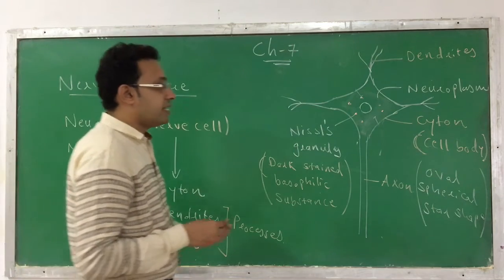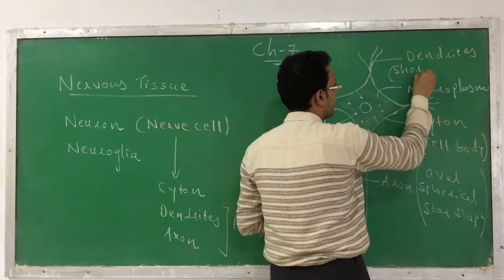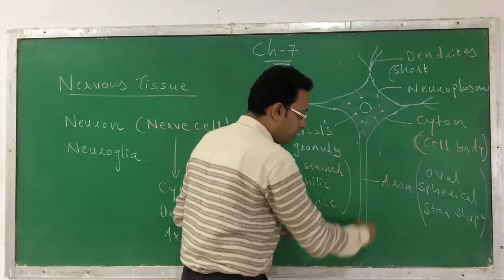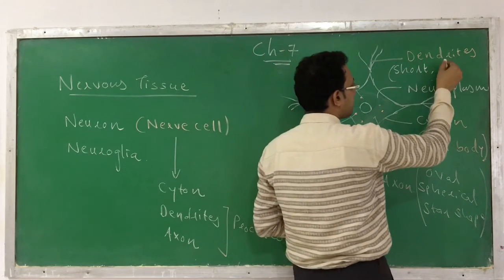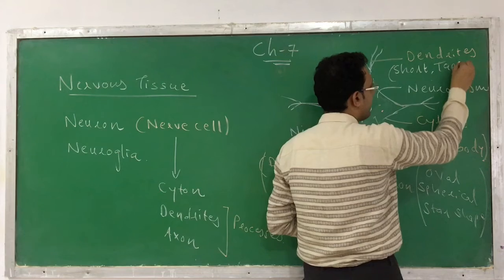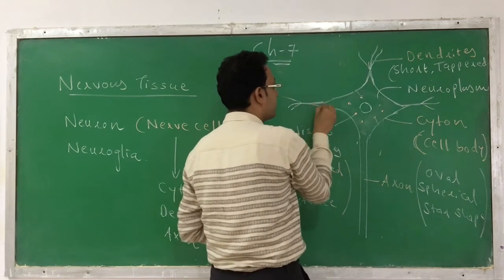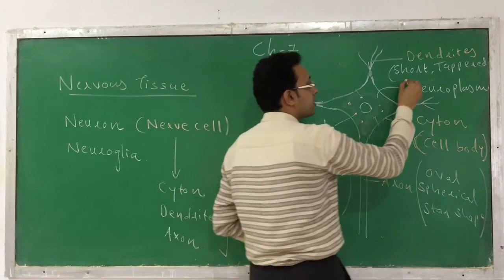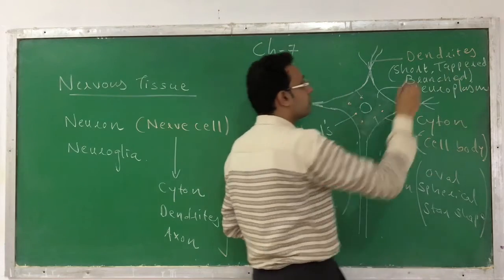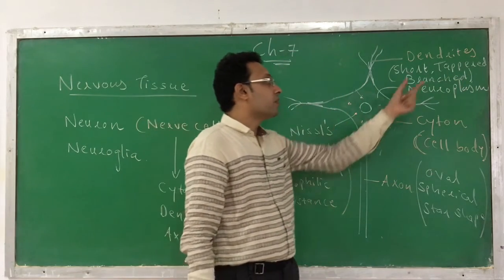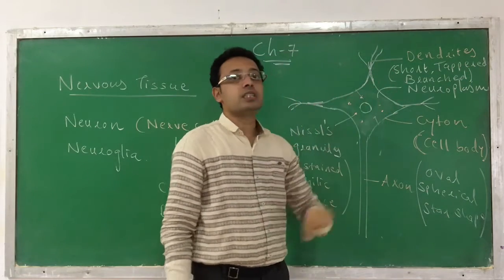Now what are the characteristics of the dendrites and the axons? The dendrites are short. This one is long, but these dendrites are short. They are tapered, meaning they taper, forming a narrowing end. Then they are branched. So the characteristics we can find are short, tapered and branched processes that arise from the cell body.